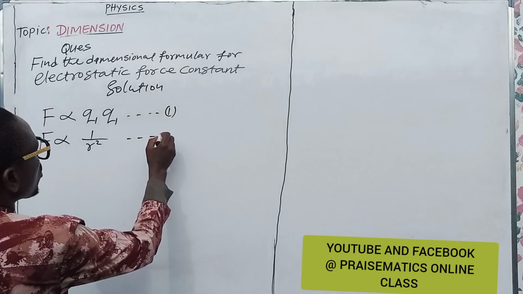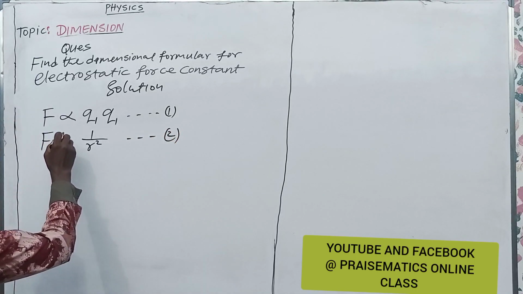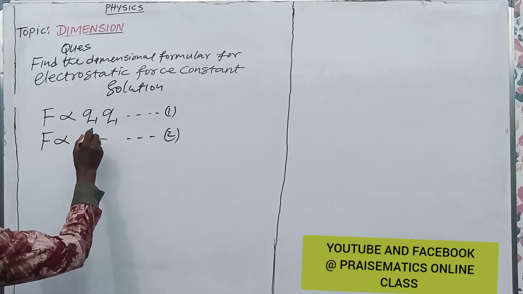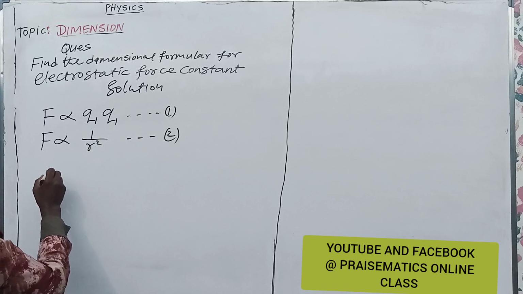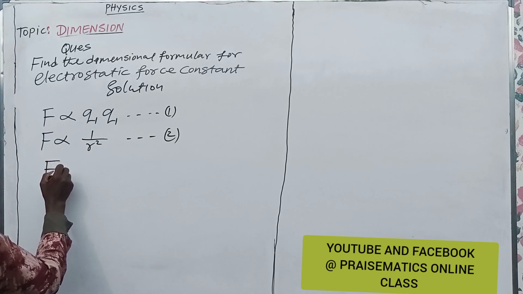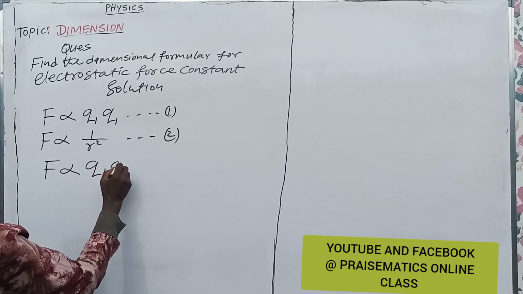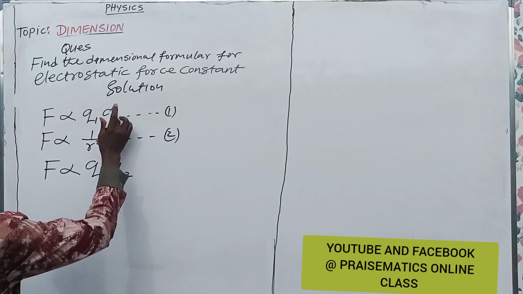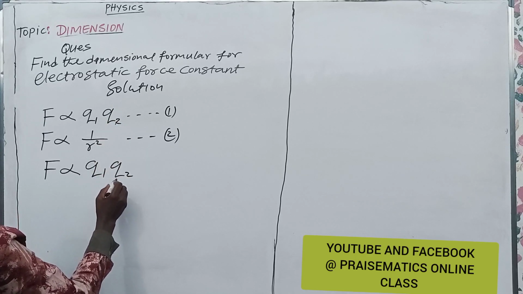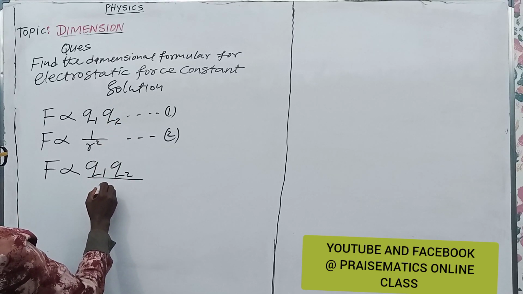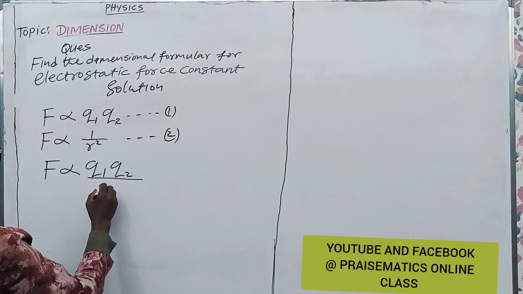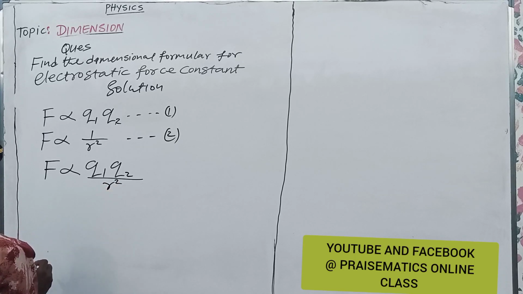Call it equation 2. Now if you combine equation 1 and equation 2 together, you will have that force is directly proportional to charge 1, charge 2, and inversely proportional to the square of the distance.